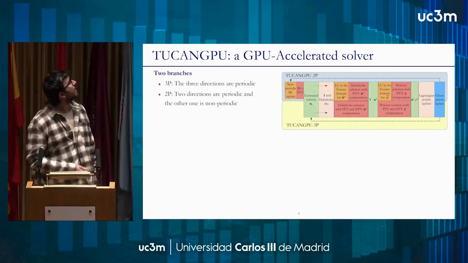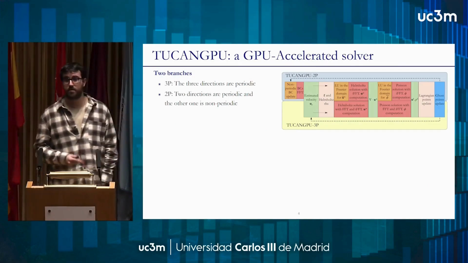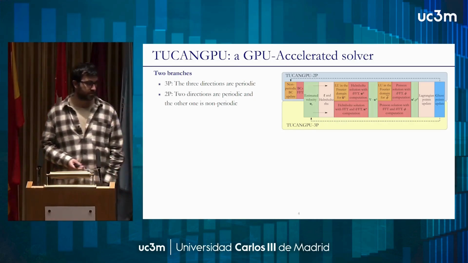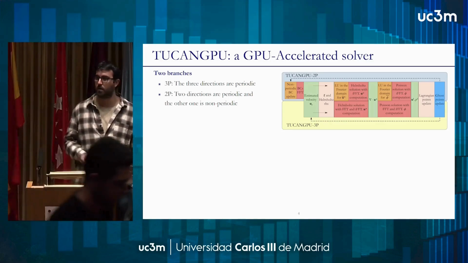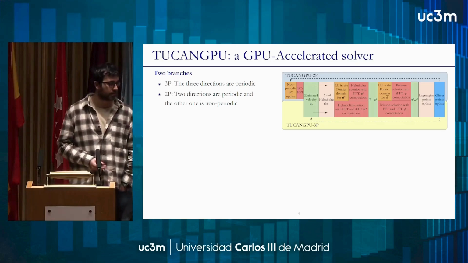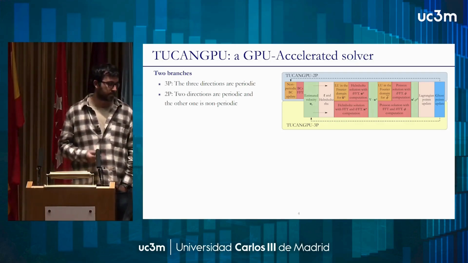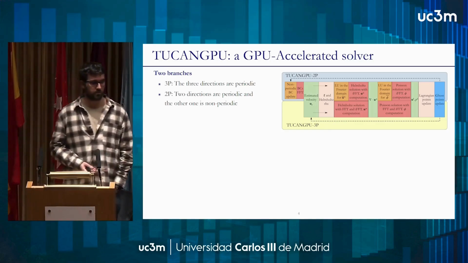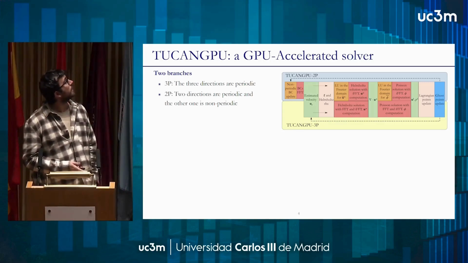Toucan GPU has been developed with two branches. The first is a three-periodic branch, which is suitable for the research line of cardiovascular flows in our group. The other has two periodic directions and one non-periodic, and this one is more suitable for aerodynamics and this kind of problems, though not only.